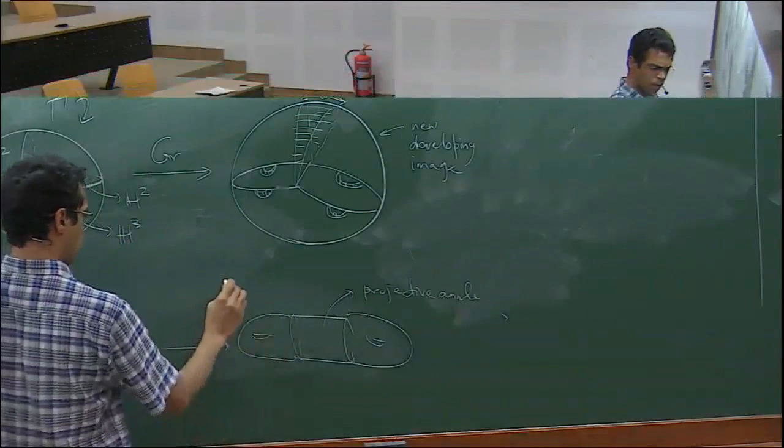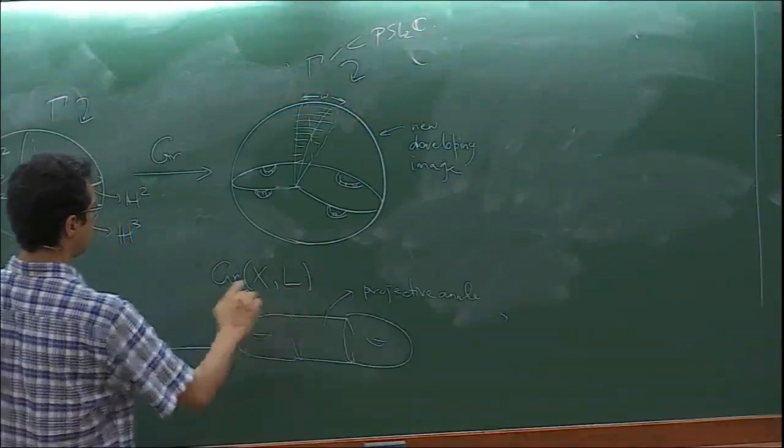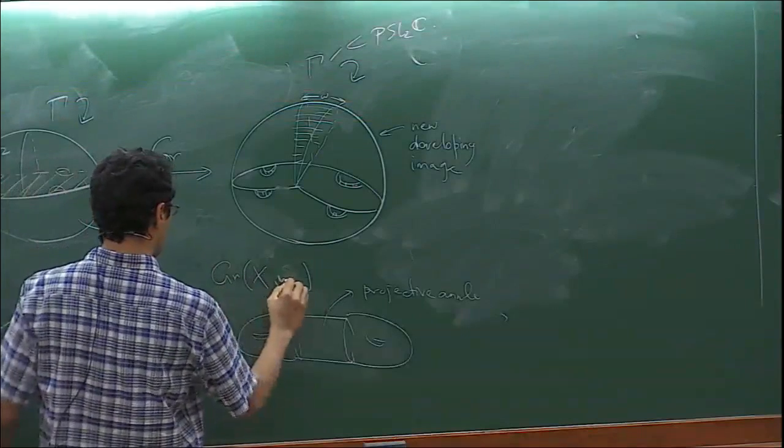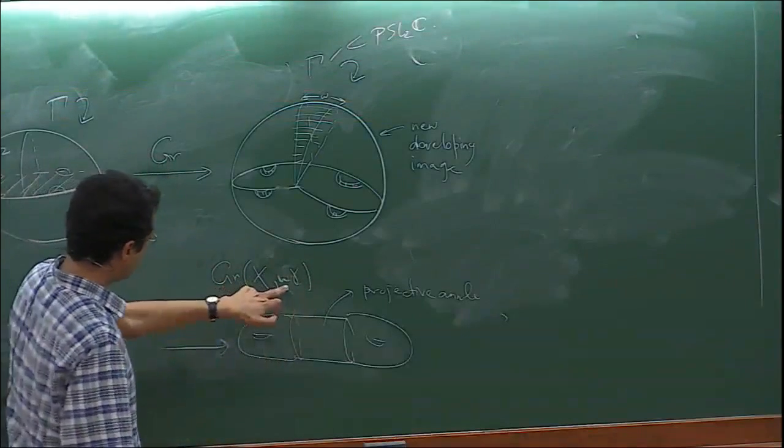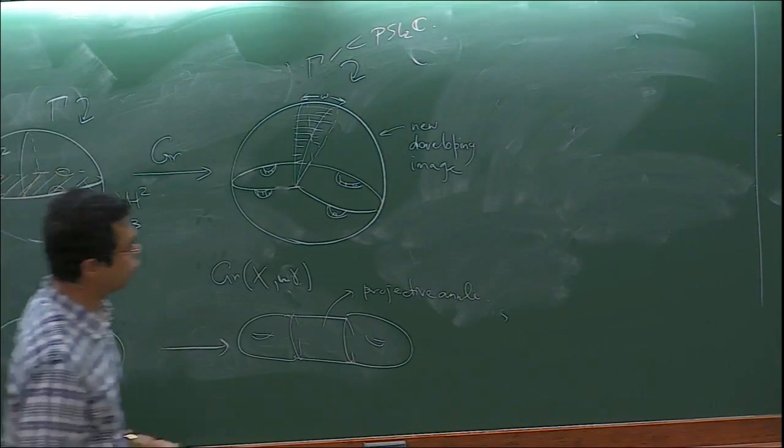So this surface I will denote by the one obtained by grafting X along this omega, this W times gamma, this weighted simple closed curve. So that's one way of deforming.